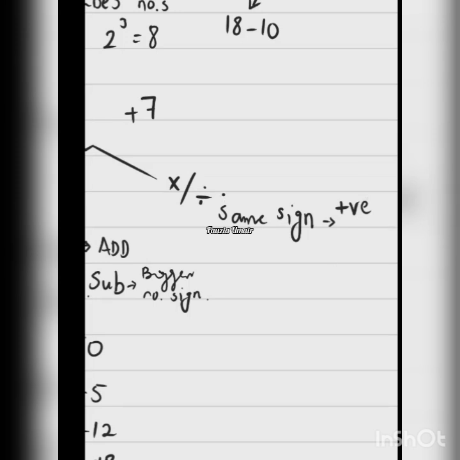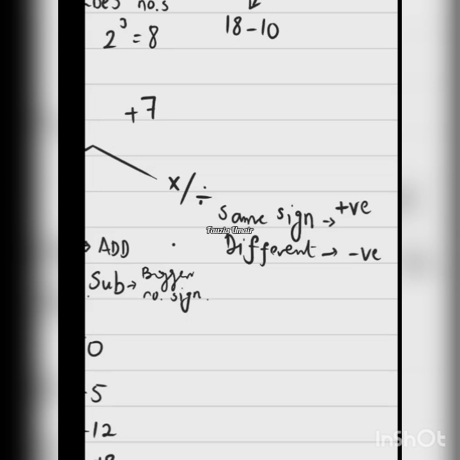And if there is a multiplication operation, then you will multiply. If there is a division operation, then you will divide. The important thing is about the sign. If two integers with the same sign are multiplied, the answer is always positive. And if the signs are different, the answer is always negative. So we will not remember it like this, minus minus plus.